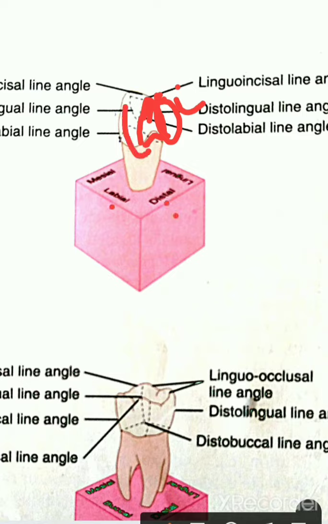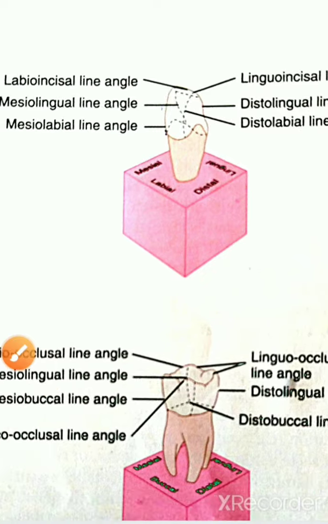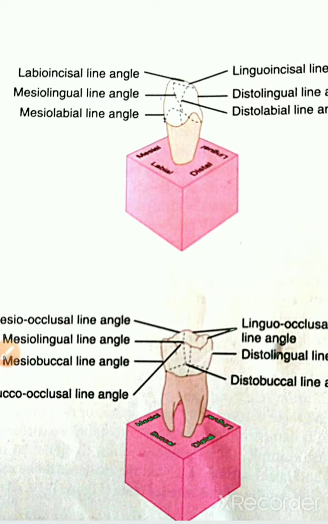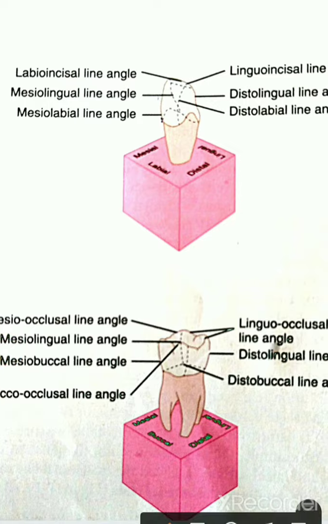The interaction of these two surfaces is known as the distolabial line angle.